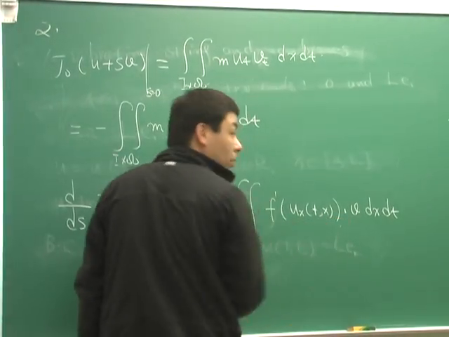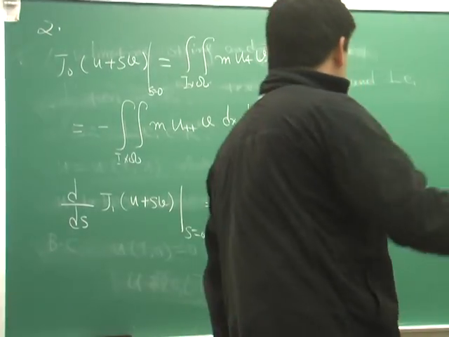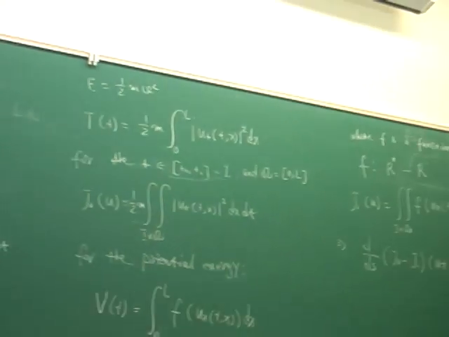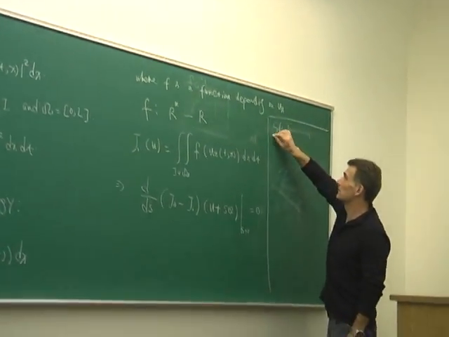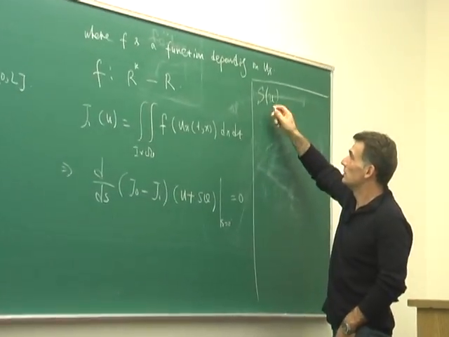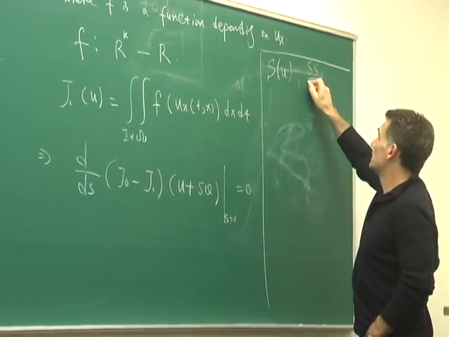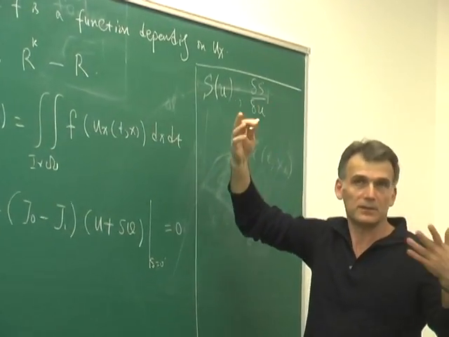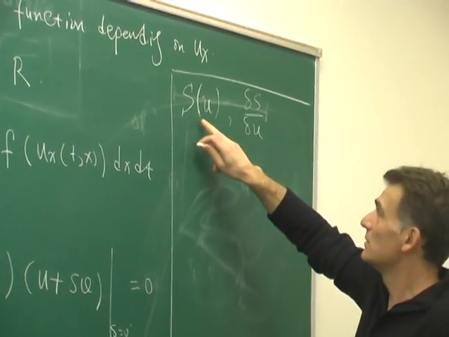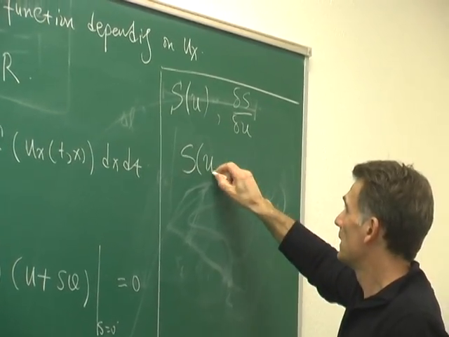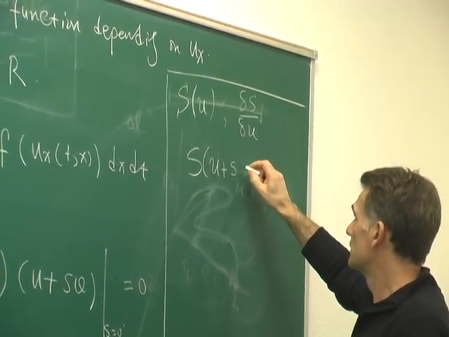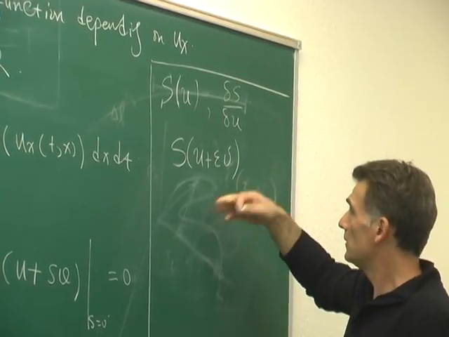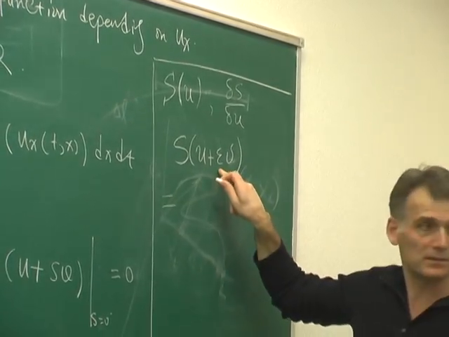Let me say one word here, because we are learning something. Suppose that you have some function of S. Then you want to compute the so-called variational derivative. What is the variational derivative? Well, it's like the usual derivative but in infinite dimension. You take this S and you add epsilon V, and then you expand this in a power series in epsilon.